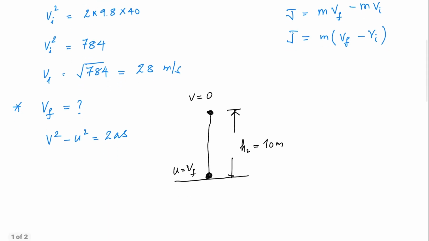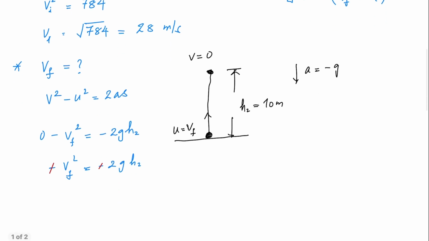Now to calculate this vf, let us substitute. One more thing we have to remember is that a is equal to minus g, because it is always directed downward, opposite to the direction of the motion. So simply substituting all the values, I get 0 minus u square, which is vf square, is equal to minus 2g h2, and we can cancel the negative sign out.